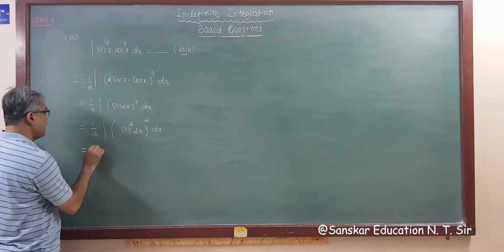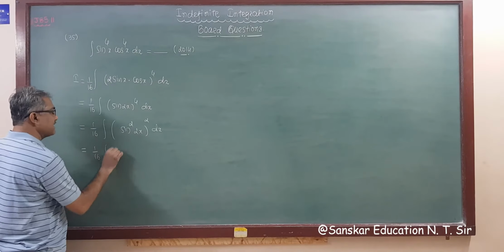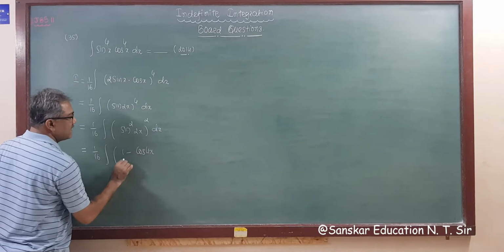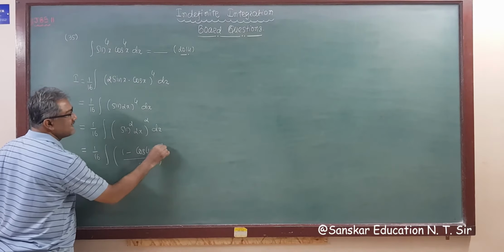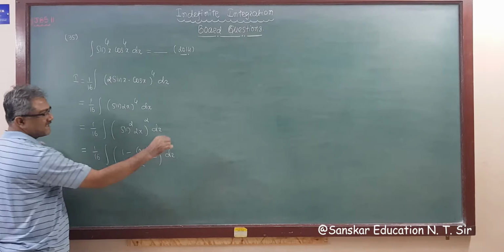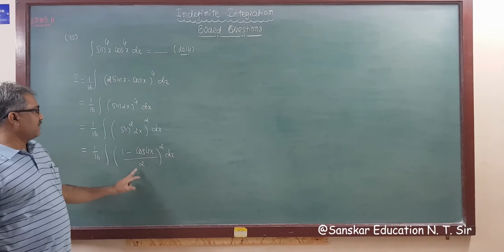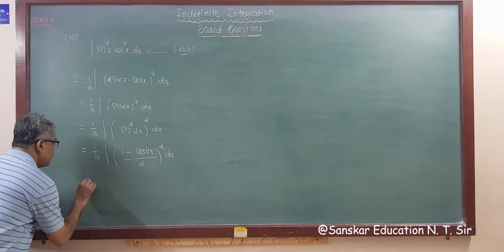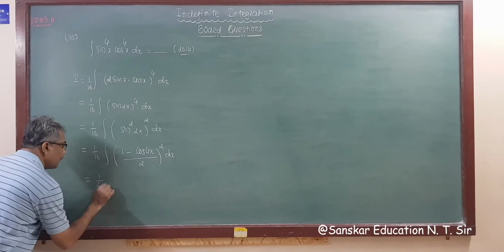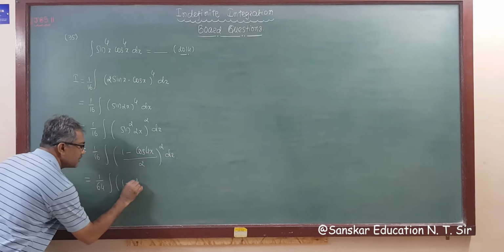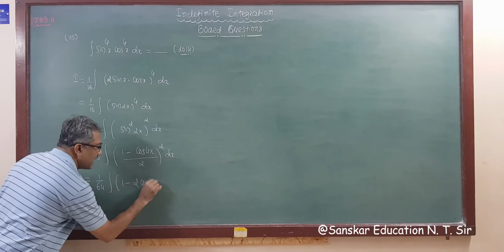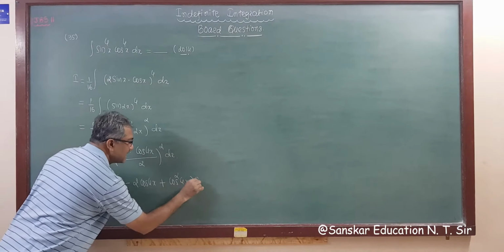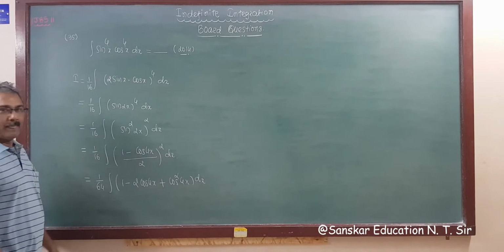So this is 1/16 integration of ((1 minus cos 4x) divided by 2) whole square dx. Again squaring this, 2 square is 4, so 16 into 4 is 64. So this is 1/64 integration of (1 minus 2 times cos 4x plus cos square 4x) dx.